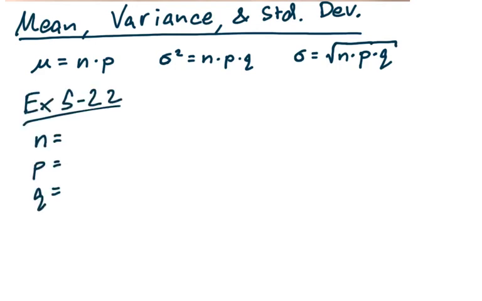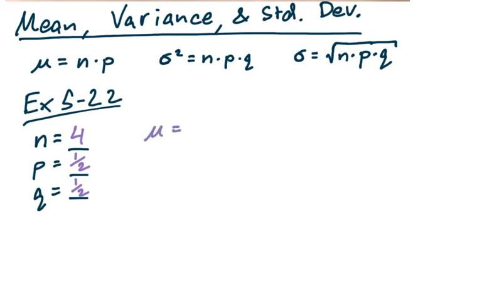In example 5-22, it tells us a coin is tossed 4 times. Find the mean, variance, and standard deviation of the number of heads that will be obtained. So here, and in all of these, where it asks for the mean, variance, and standard deviation for a binomial distribution, all we're going to need to know is what is N, what is P, and what is Q. So in this case, they toss the coin 4 times, and we have a 50% chance of getting heads and a 50% chance of getting not heads, tails.